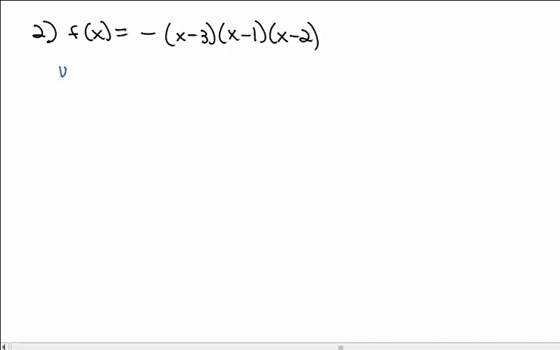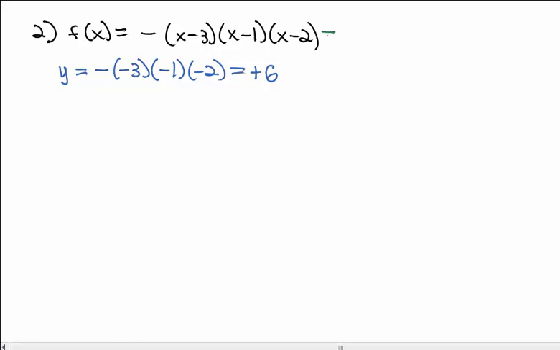Again, the first key point is the y-intercept, where we make all the x's equal to 0. So we have negative times negative 3 times negative 1 times negative 2. For negatives, our answer is going to be positive. 3 times 1 times 2 is 6. The y-intercept is 6.